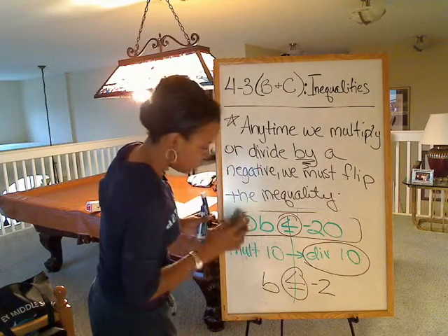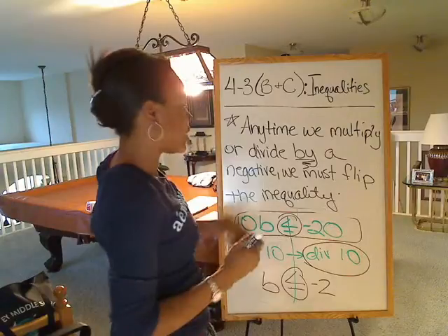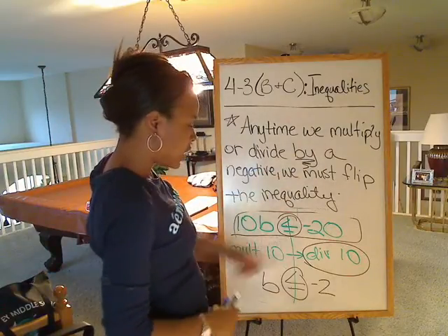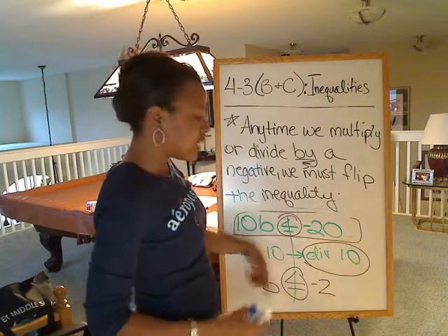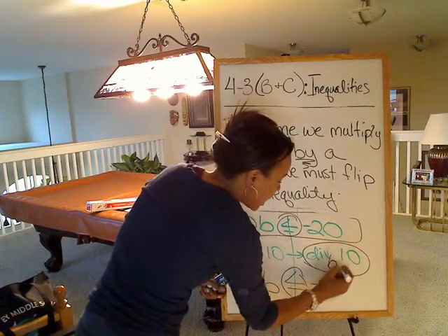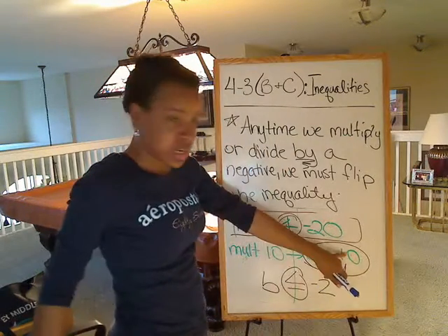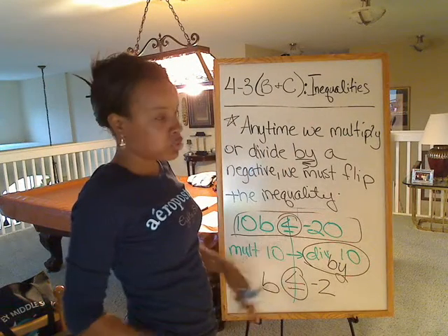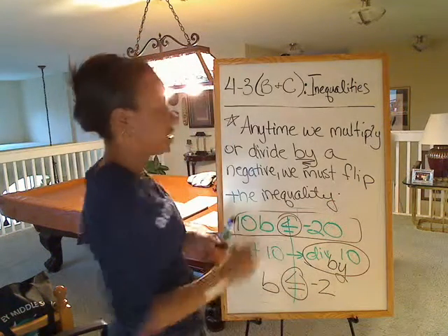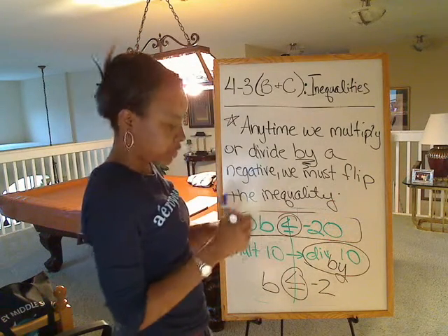Okay, anytime we multiply or divide by a negative, we must flip the inequality. So in other words, this is negative 20 divided by 10. Divided by 10. So is 10 negative? No. So we don't flip it. Whenever you're multiplying or dividing by a negative, then you flip the inequality.